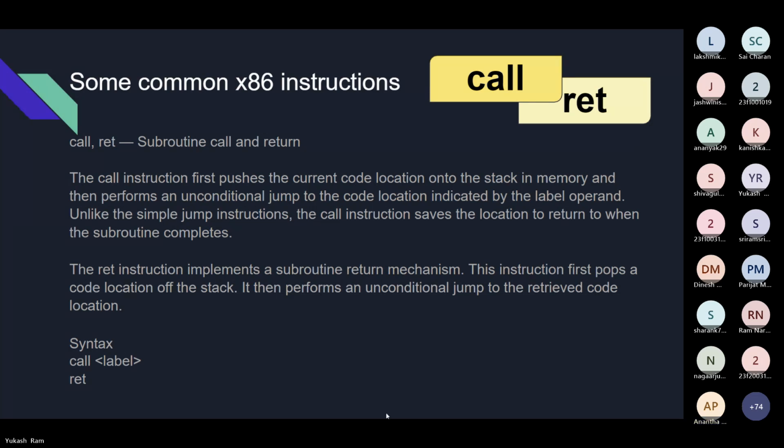Another thing about call is it will also remember in which line you executed call. That will be stored, and finally after that specific part of code is executed, it will jump back to where it came from. So it's similar to a function call.